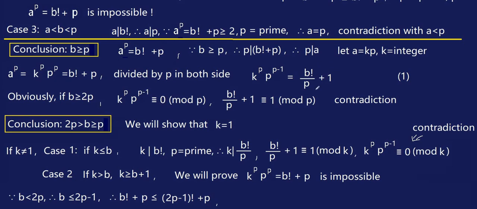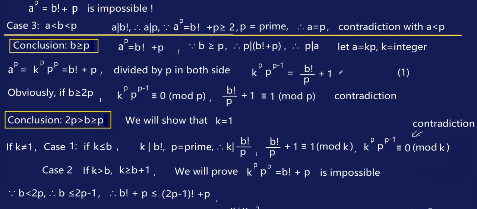But the right side, if we divide it by p again, the remainder will be 1. So it is equal to 1 mod p. So this is the contradiction. Now we get the conclusion: b must be less than 2p and greater than or equal to p.